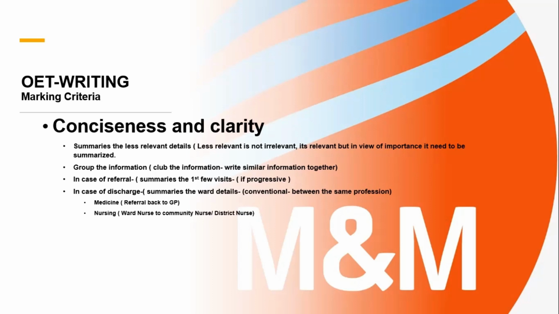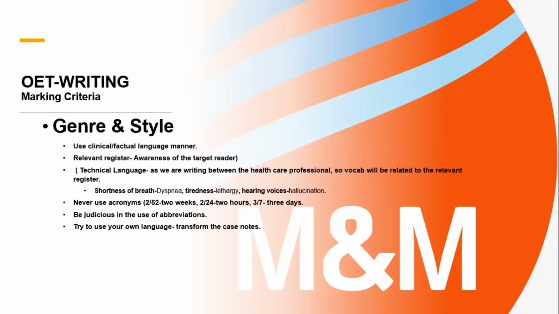As you can see, this is the standard of a referral letter. But according to the case notes, I will give you a few examples after some time of how you can summarize the information. And in a discharge letter, again, in a conventional discharge, we have to summarize the ward detail and expand the discharge plan.